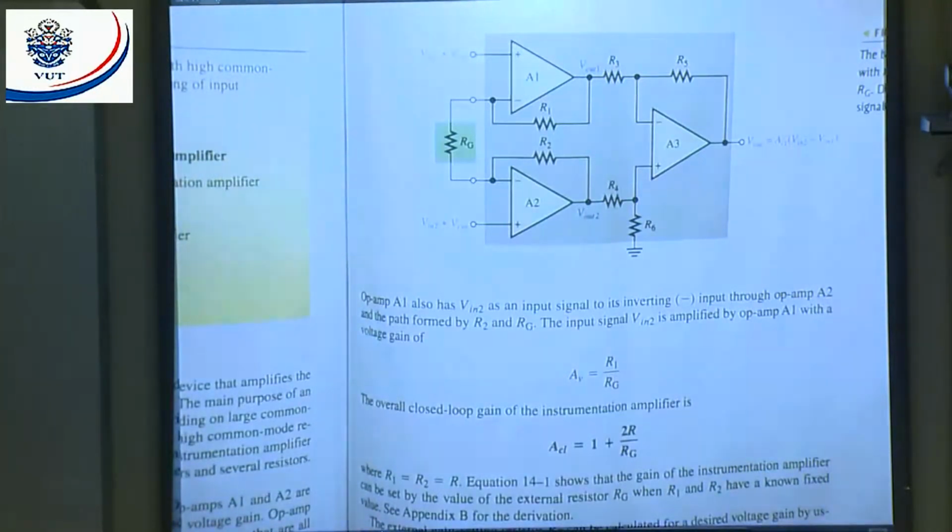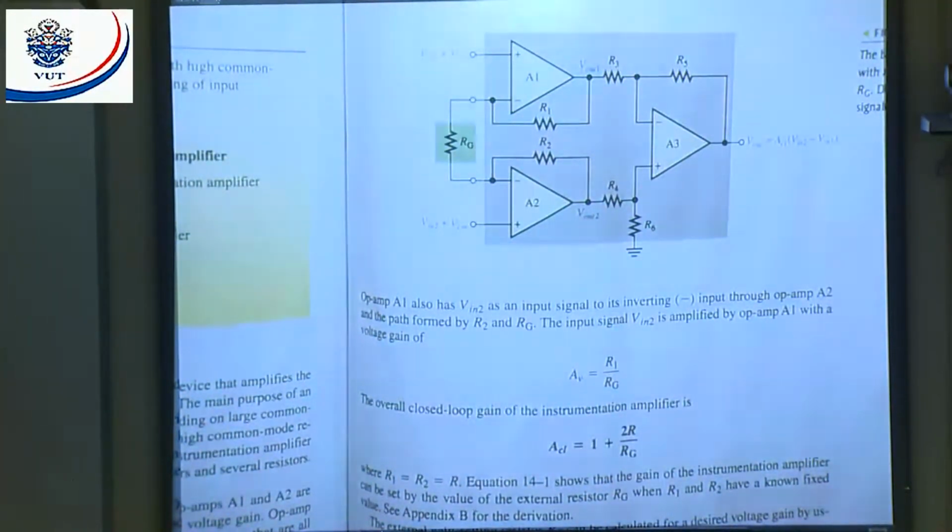They say op-amp A1 also has V in 2 as an input signal to its inverting input through op-amp A2 and the network formed by R2 and RG. The input signal V in 2 is amplified by op-amp A2 with a voltage gain of AV equals 1 plus R2 divided by RG.